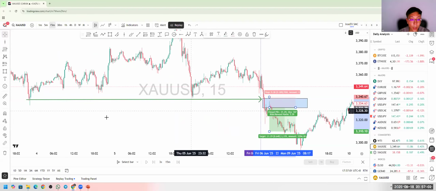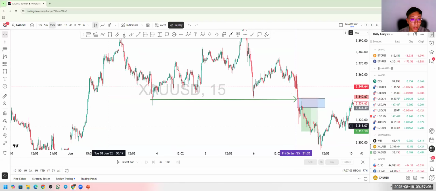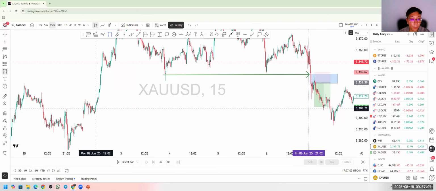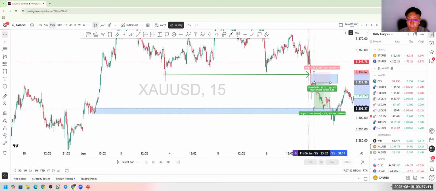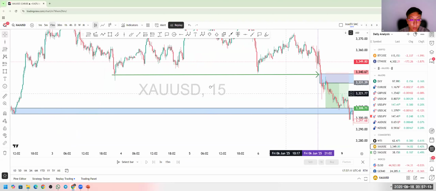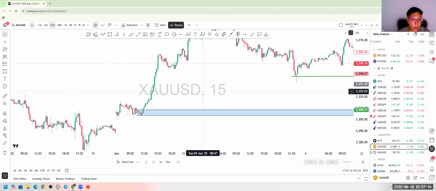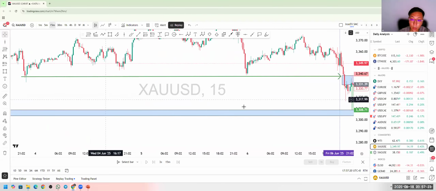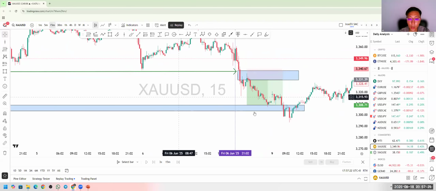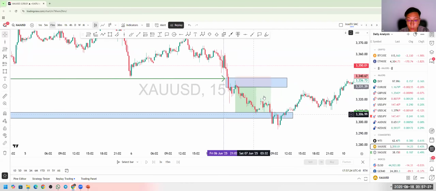Okay. Then where is my target? My target would be this level over here. Why I chose this level? Because this is our next order block. Potentially, price would react to this order block. So if I look about here, yes, indeed, once price touched this order block, it had a reaction.